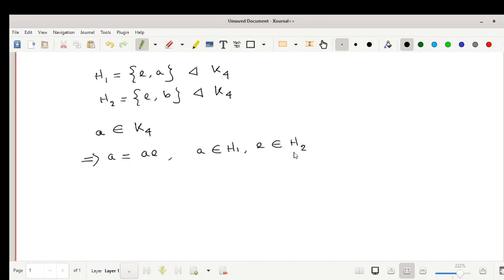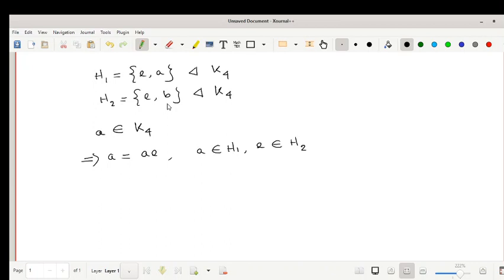Can you express A in any other way as an element of H1 and an element of H2? No, you cannot. Because if instead of taking A in H1, you take E, then E multiplied with nothing in H2 will give you A.